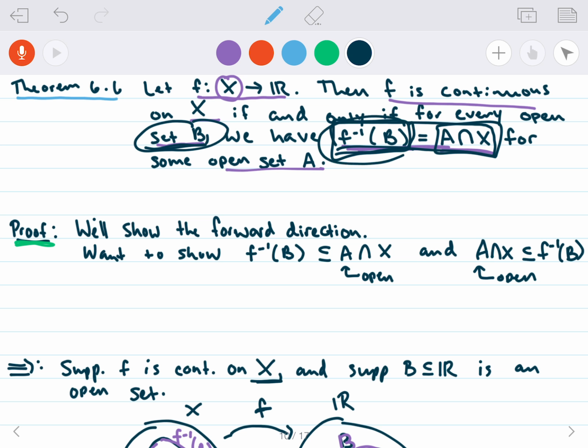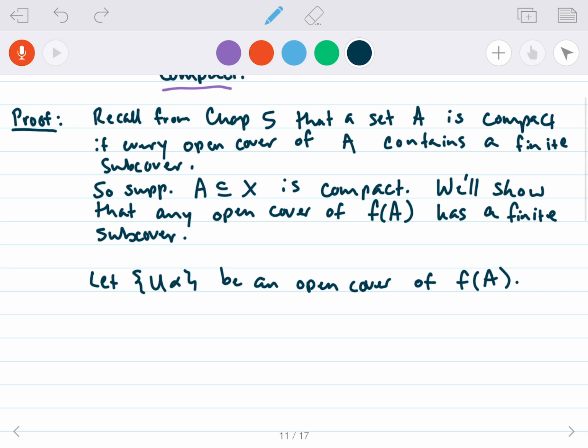That if we take the pre-image of each of those open sets, we're going to get something that is open intersecting with X, right? So let's just write that down.